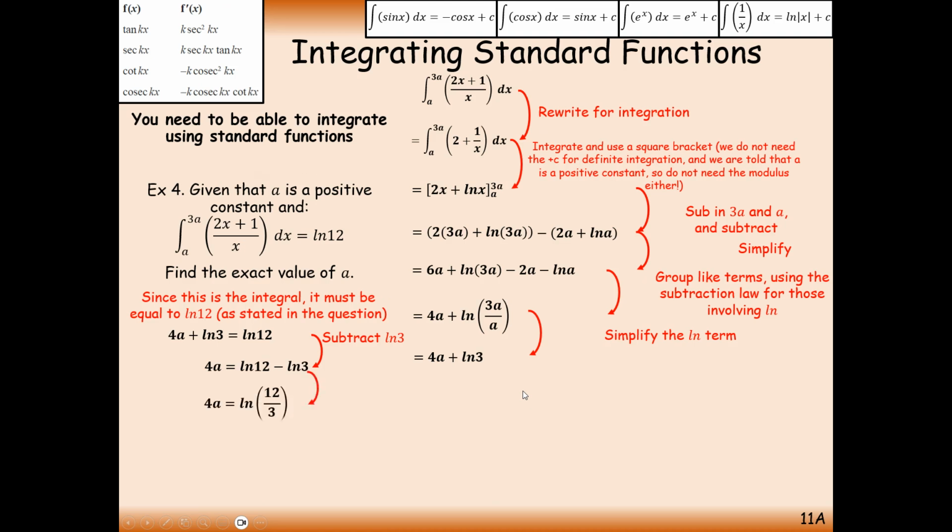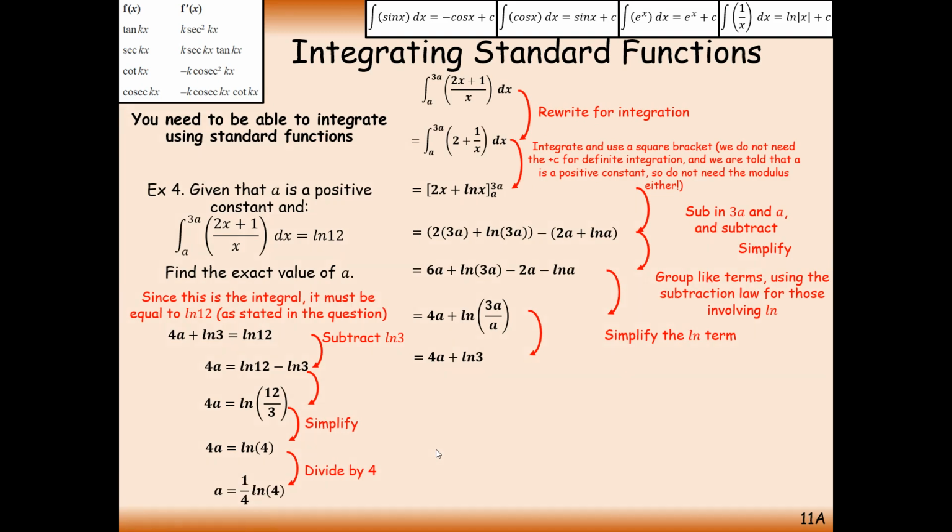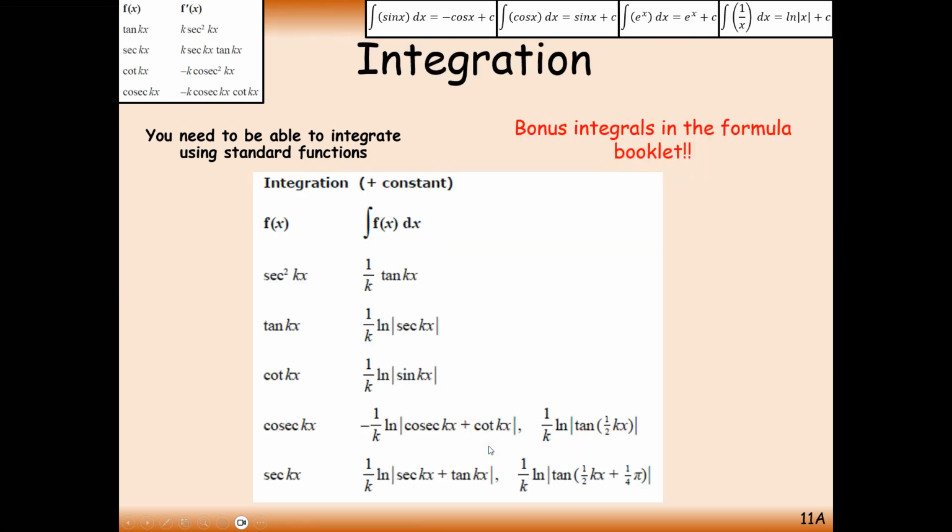Now you have 4a equals log of 4. At this stage, all you have to do is divide by 4, and the value of a is a quarter of log 4. Now you can take a quarter and put it to the power of 4, and a will equal the square root of 2 actually.